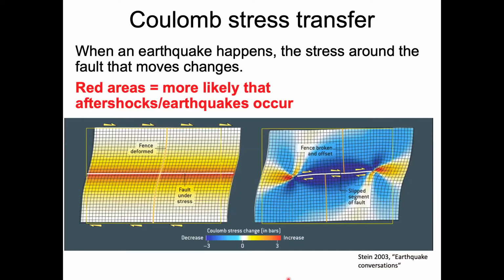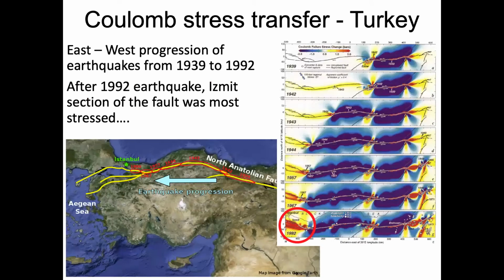The best example of this acting as a forecast is the North Anatolian Fault in Turkey, which is a strike-slip fault system. What we see is a very clear progression of earthquakes from the east to the west from 1939 to 1992. And this paper was published in 1997.